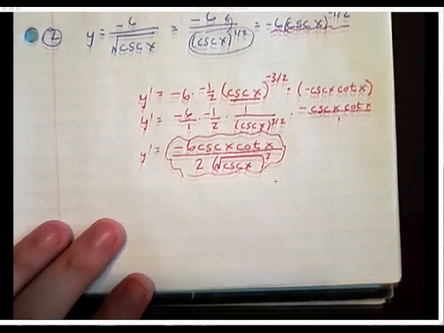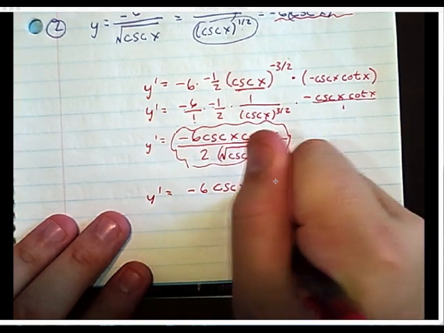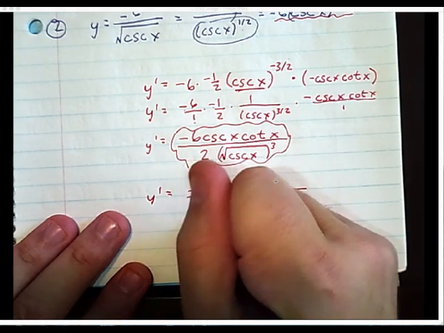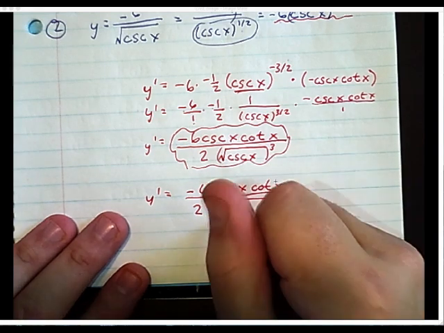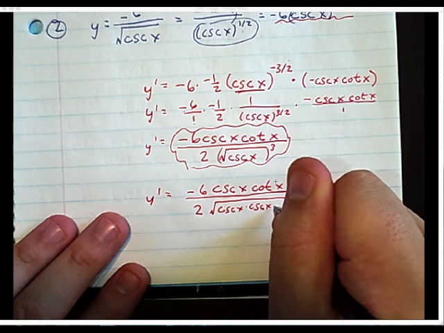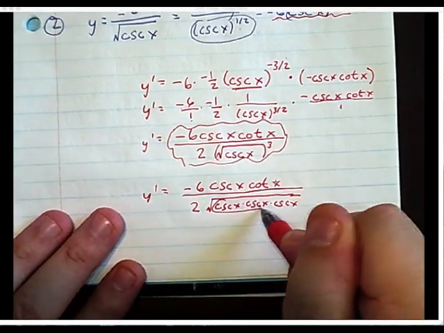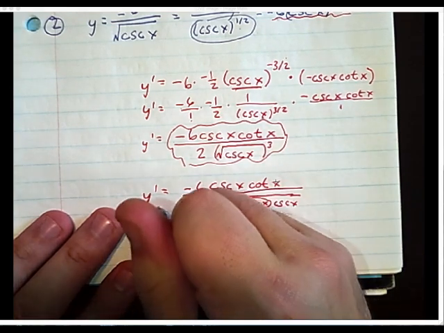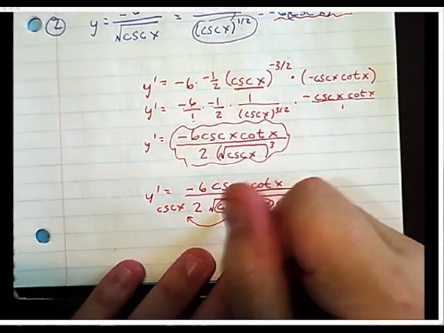Or if you want to think about this a little bit deeper, if you have 3 of these, you could put them all 3 underneath the radical. So cosecant of x times another cosecant of x times another cosecant of x. Well, for every 2 that you get, you can pull one of them out. Every 2 underneath, you can pull one out.